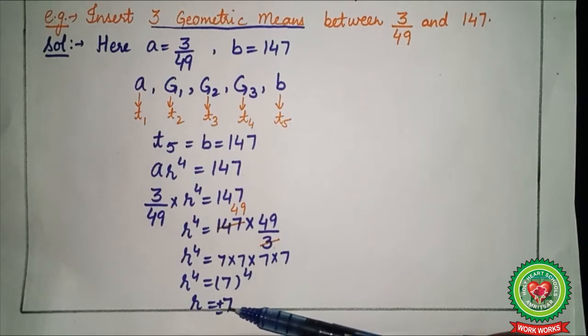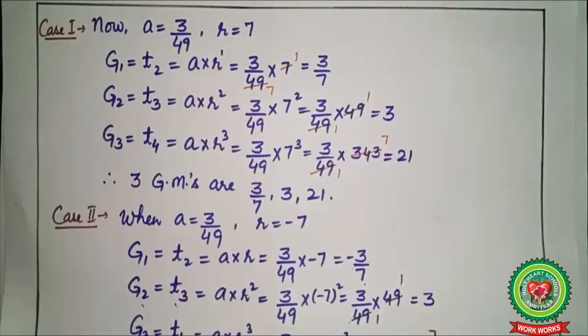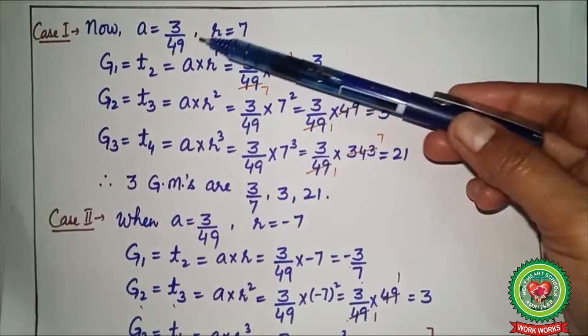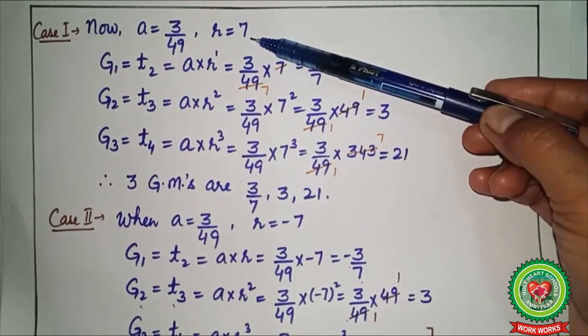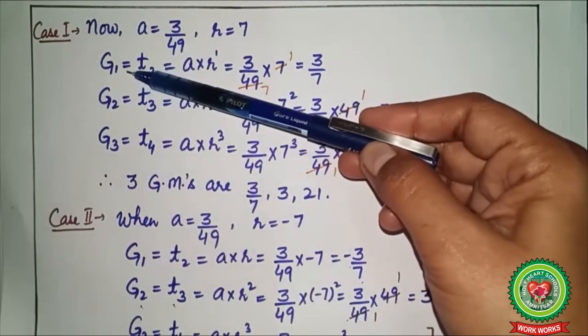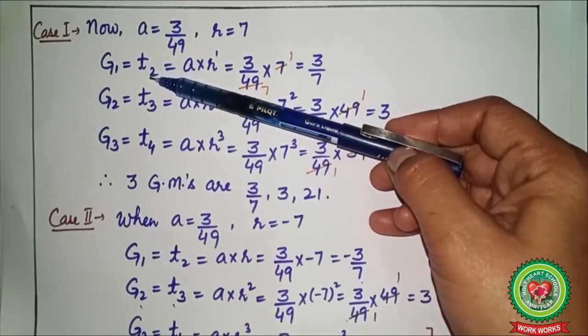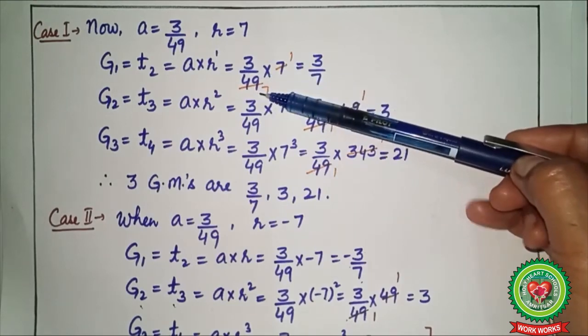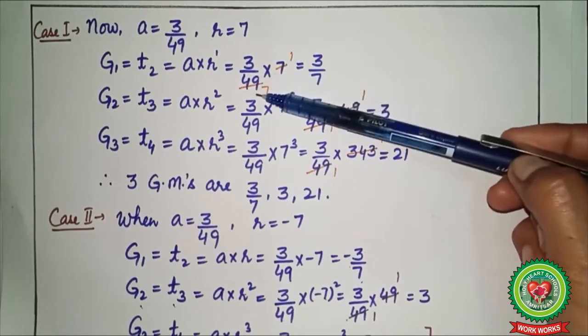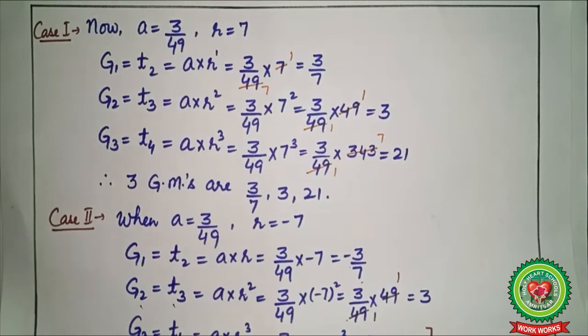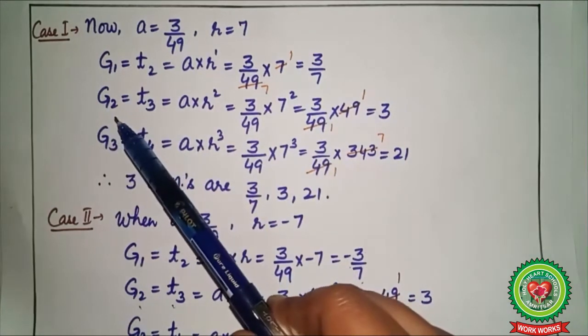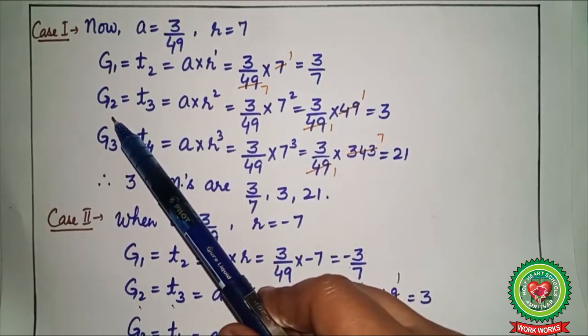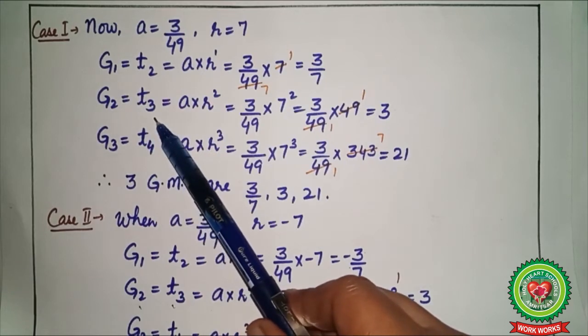Now the first case is when A is equal to 3 by 49 and r is equal to 7. Now G1 is the second term of the GP, so apply the formula A into r. Put in their values, 3 upon 49 into 7. After cutting we are left with 3 by 7. Now the second geometric mean is equal to the third term of the GP.